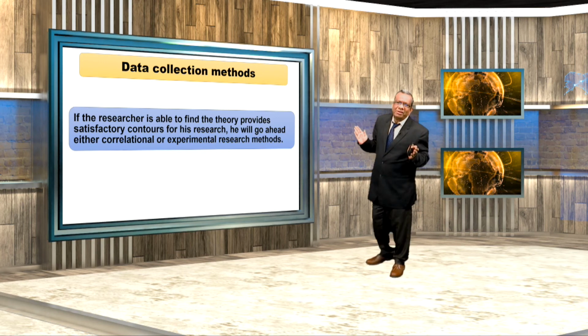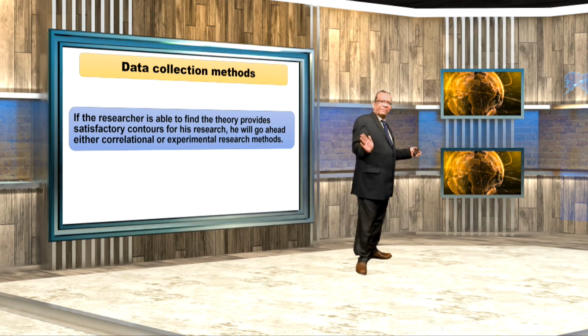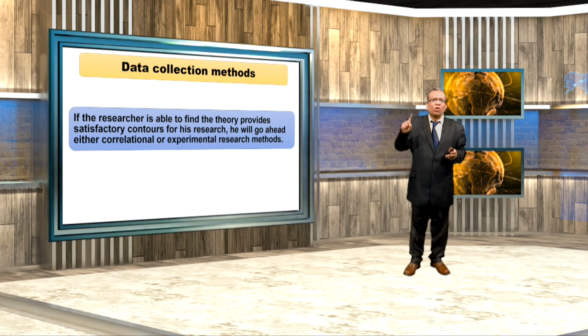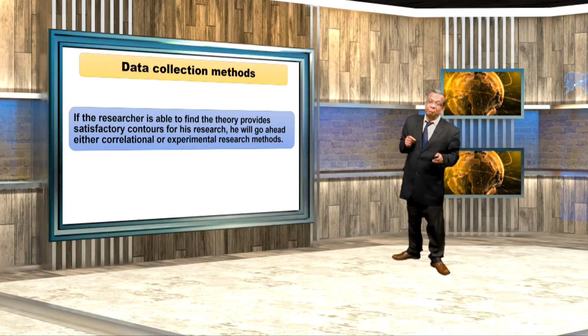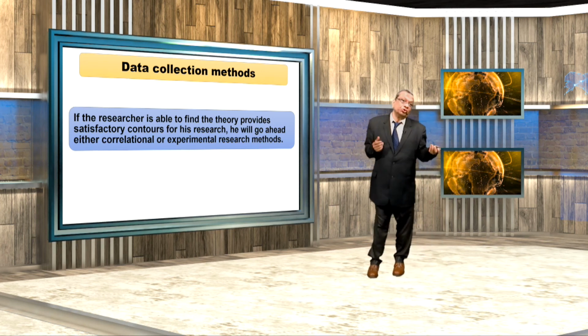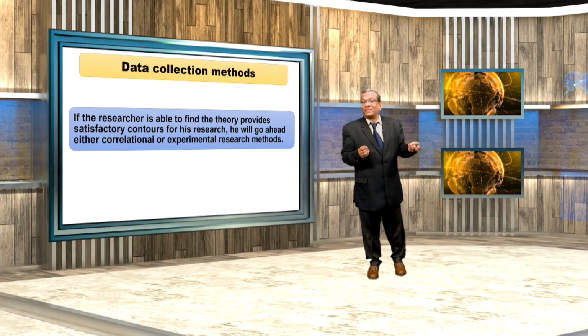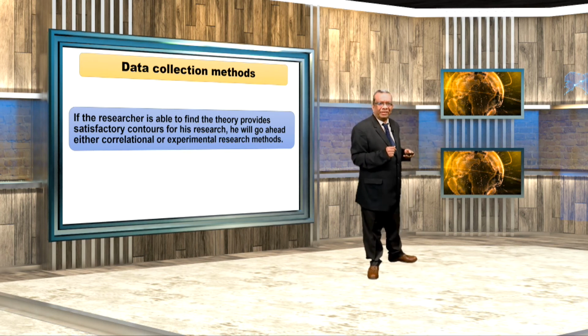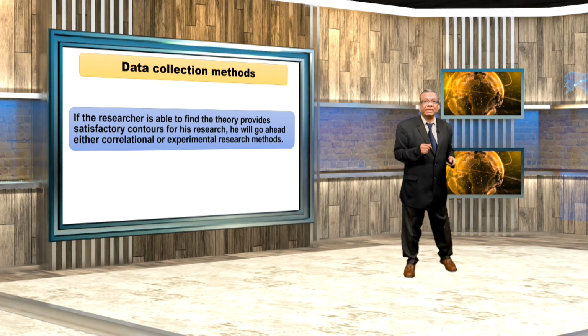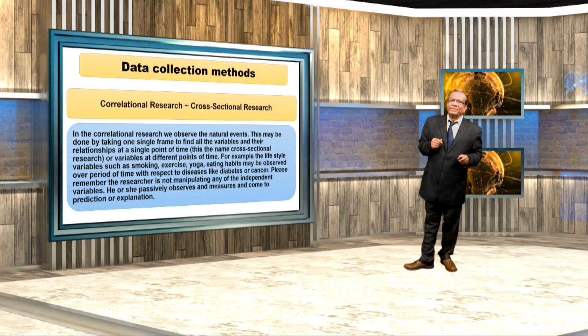In management and social sciences, you have only two methods: correlational methods or experimental research methods. Sometimes the correlational methods are also called cross-sectional analysis. Anyhow, we will hold on to the correlational research method. Correlational research or cross-sectional research.